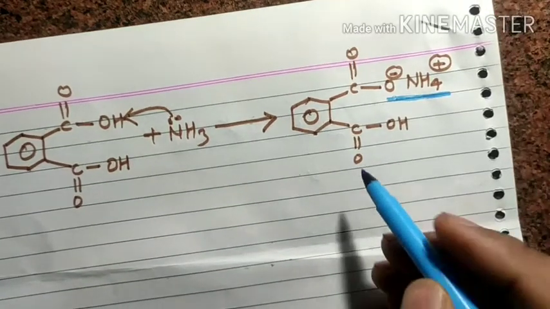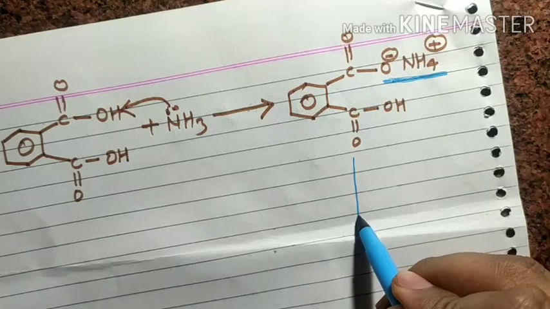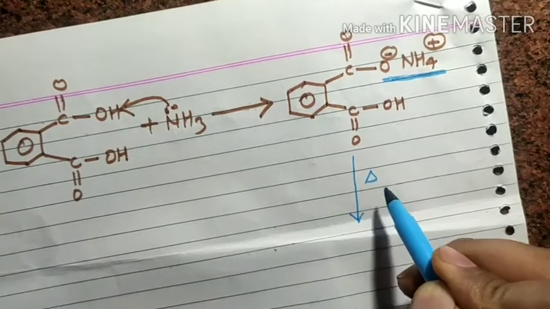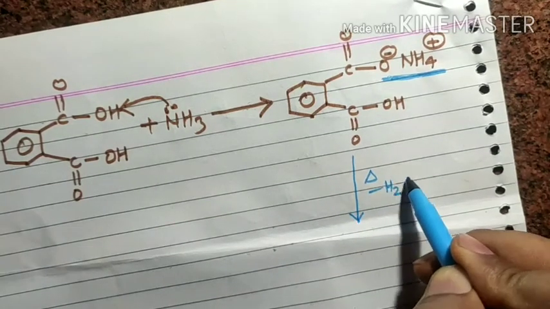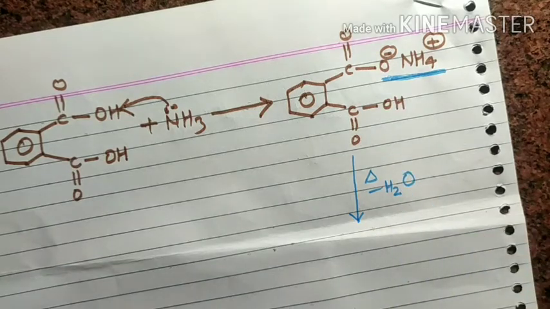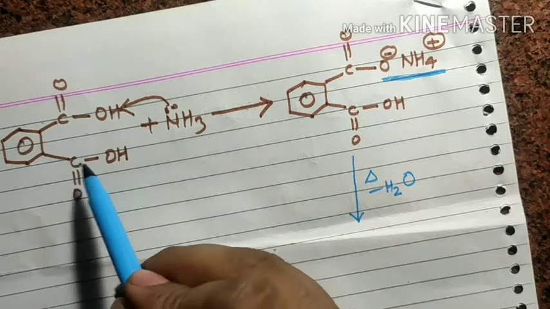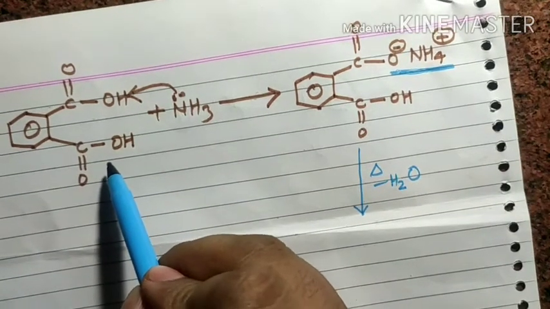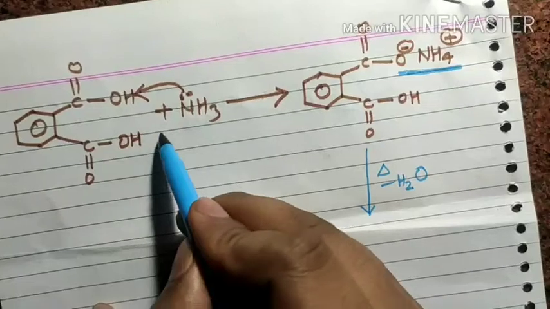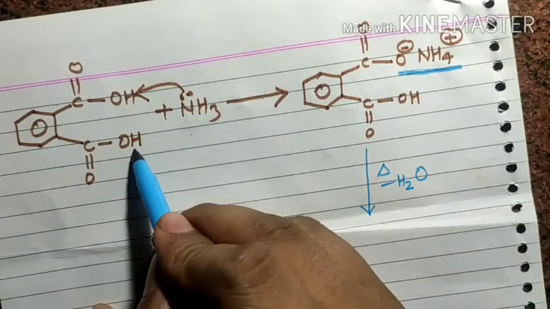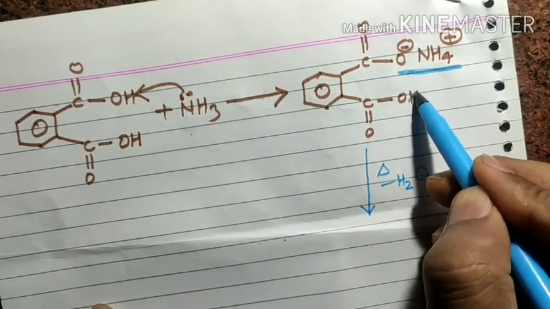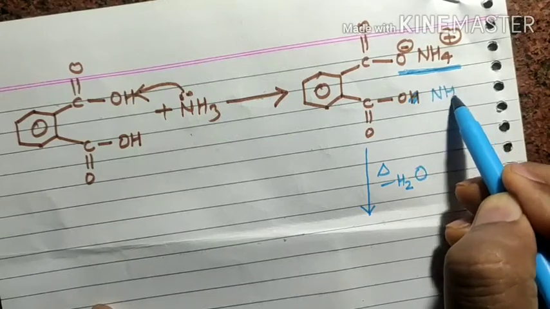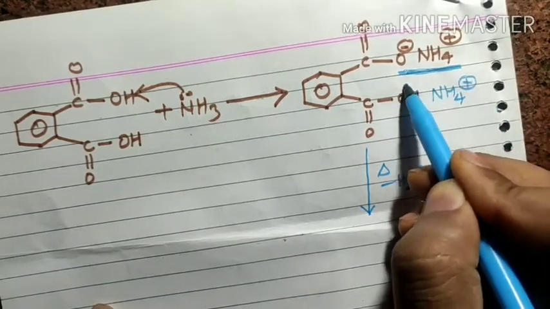Now in the second step, after heating, minus H2O. Here the two carboxylic acid groups are present, so another ammonia molecule reacts with this system, and this one also changes into NH4 plus, and this one is minus.